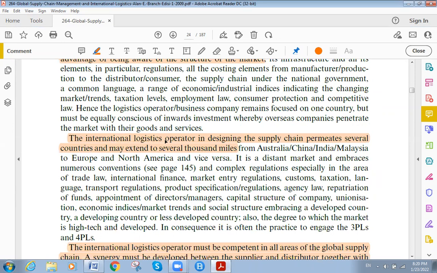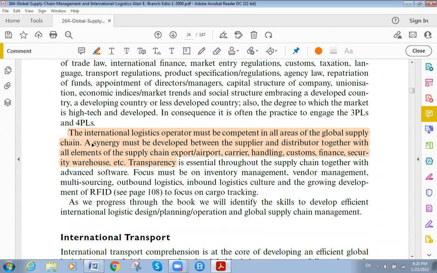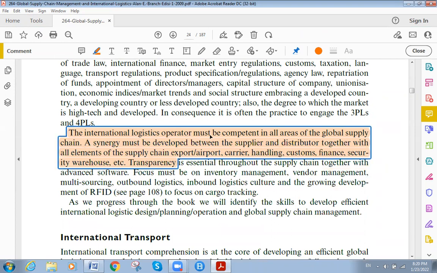The international or global operator designs the supply chain across several countries and it may extend to several thousand miles, but this is not there in the local system. The international logistic operator must be competent in all areas of the global supply chain. He must be competing very well, and he knows the other companies which are working in the same field.